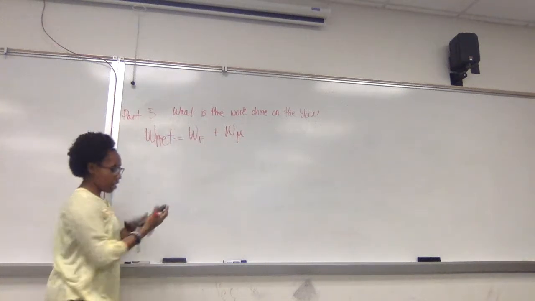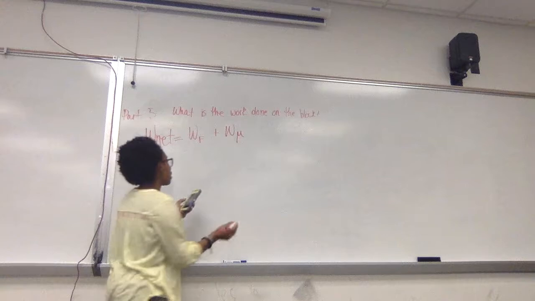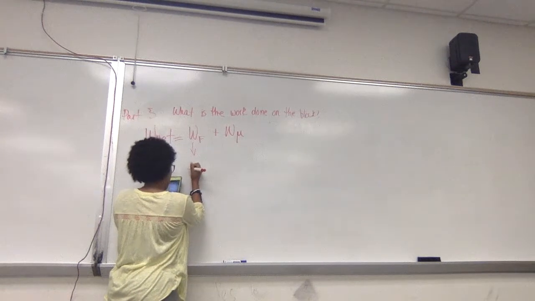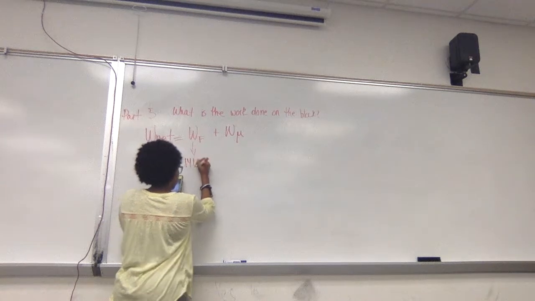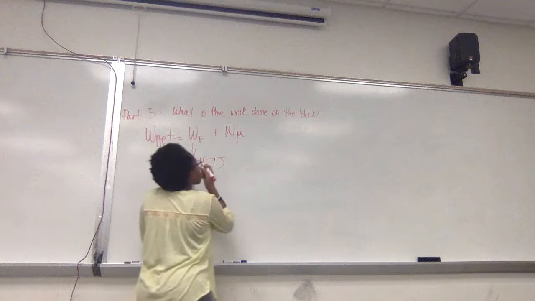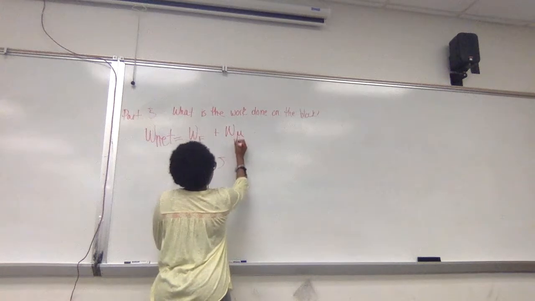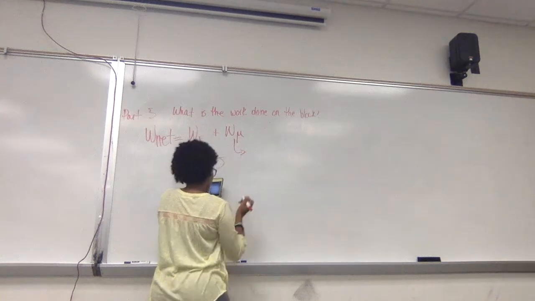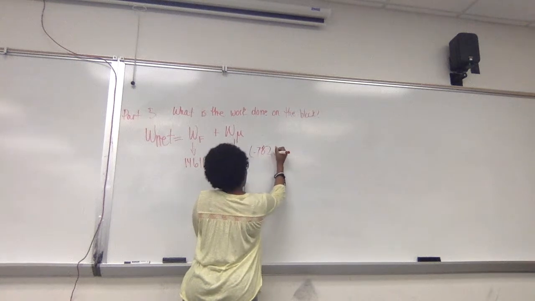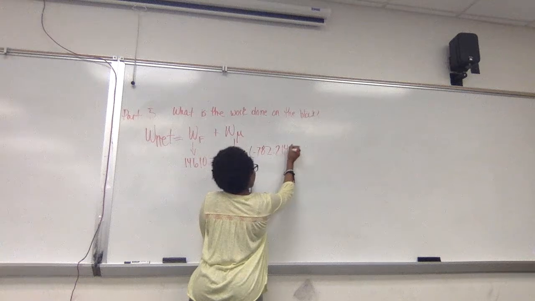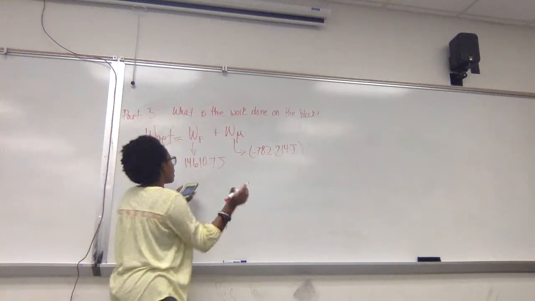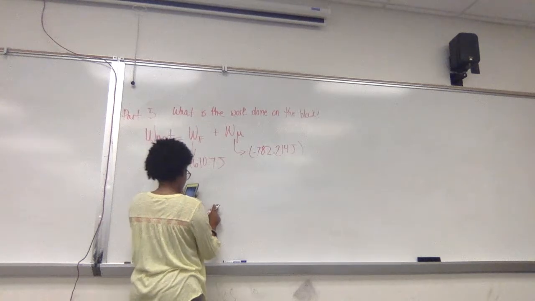From the previous parts, the external force work is equal to 14,610.7 joules, and the frictional force work is equal to negative 782.214 joules. Okay, you guys got it? Now we're going to add it together.